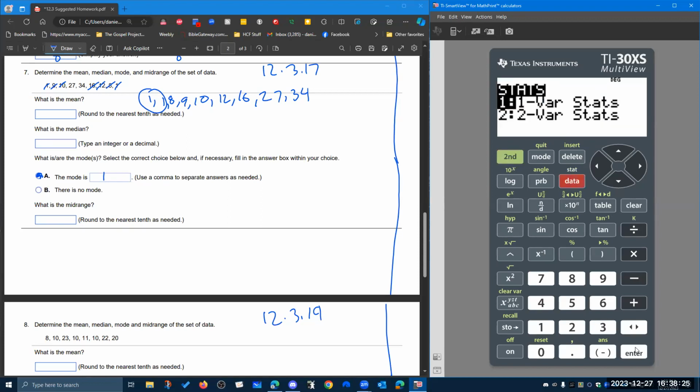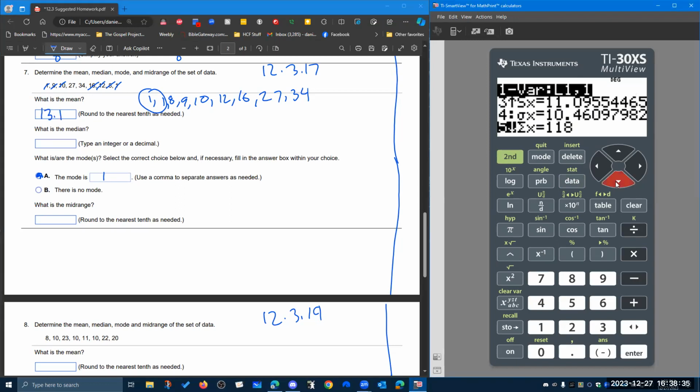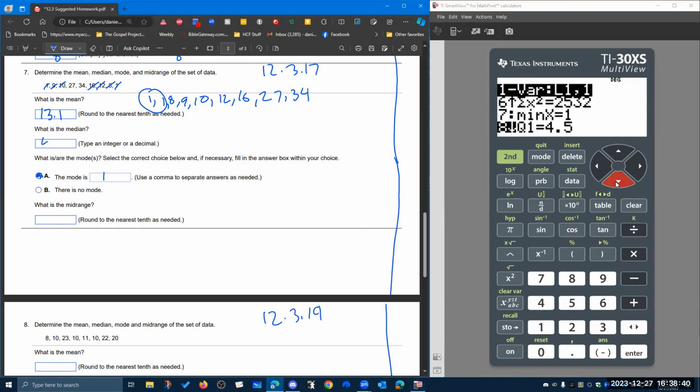Second stat, one variable statistics, and this should be 13.1. And this is 4.5. No, that's Q1.